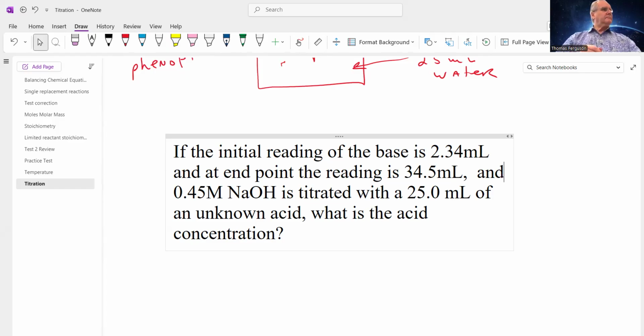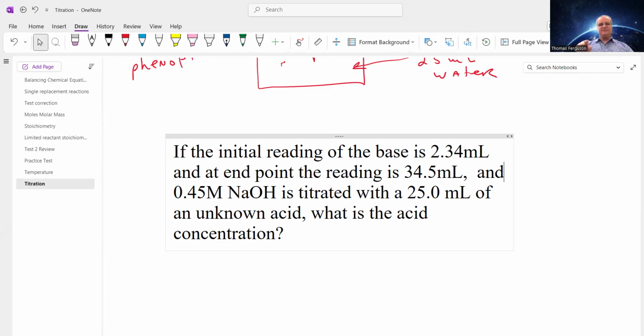You're subtracting 34.5 minus 23.4, exactly. And then you can change everything to mL, or if you want to leave it in that big calculation, the conversion factors cancel out.